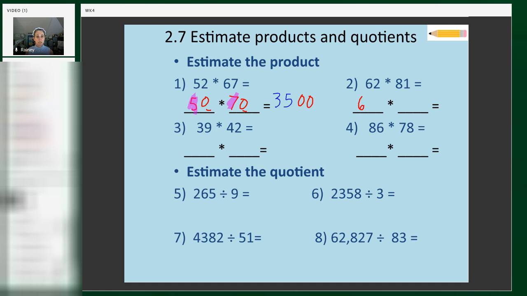Okay, the next one's 62. I'm going to make that be a 60 and an 80. Let's try again. First, do the regular non-zero numbers. So 6 times 8 is 48. I'm going to run out of room. And then add on your zeros.